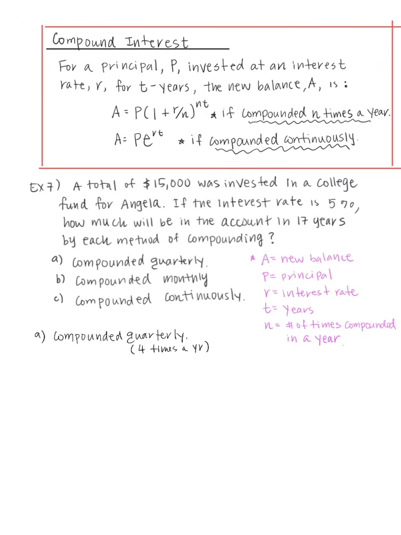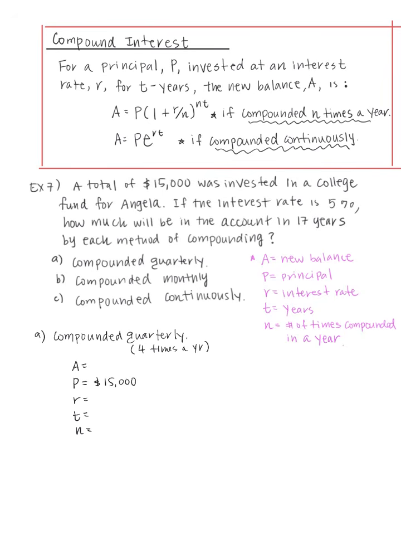Now let's write down what we're given and what we're looking for. So I'm going to go with A, P, R, T, and then N. All right, so let's go with what we know so far. The principal, are we given the principal starting amount? Yes, that is $15,000.